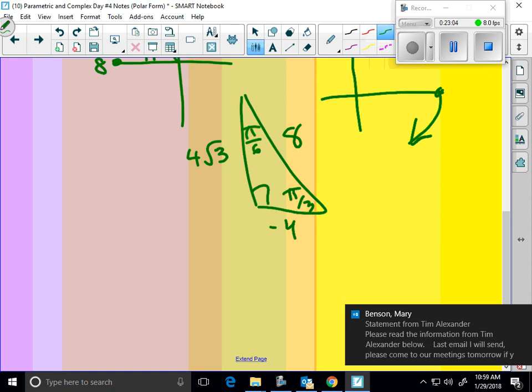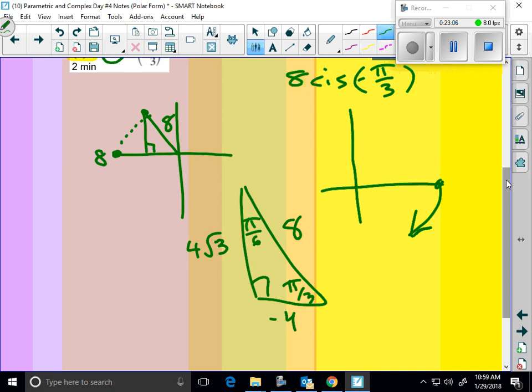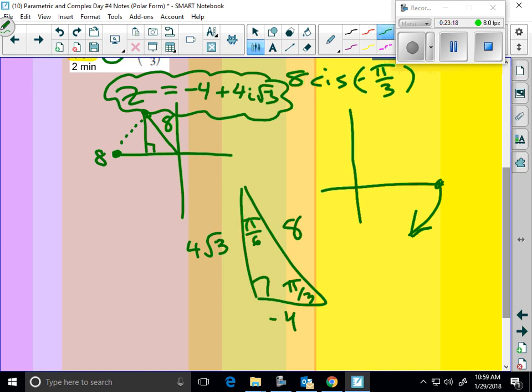So our Cartesian form of this point right here, we'll call this point Z, is going to be negative 4 plus 4i root 3. Cartesian is just rectangular. Complex can be either rectangular or polar.